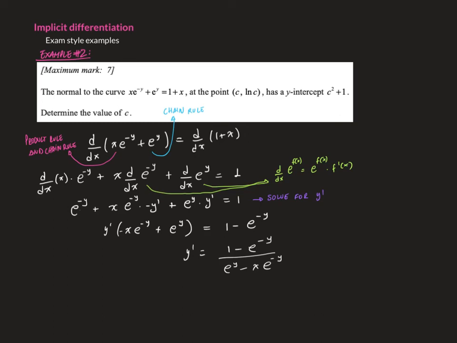So in the case of the exponential, we need to remember that e^(ln c) is going to be equal to c, and e^(-ln c) is going to be c^(-1), or 1 over c. So doing the substitution, y' evaluated at the point c is going to be.